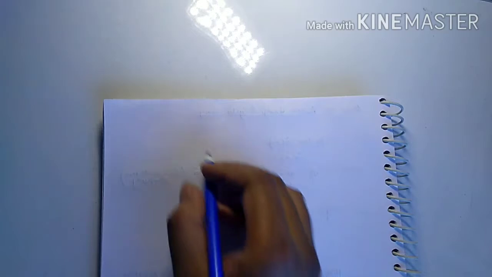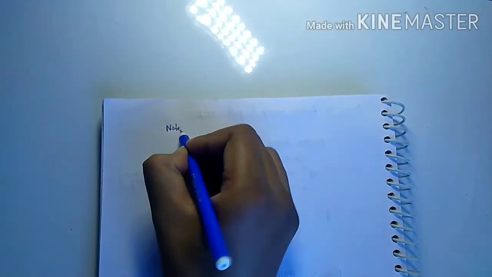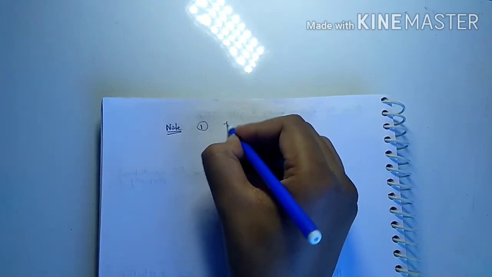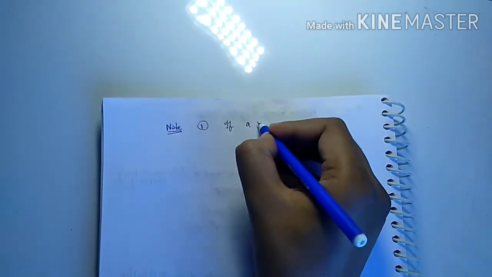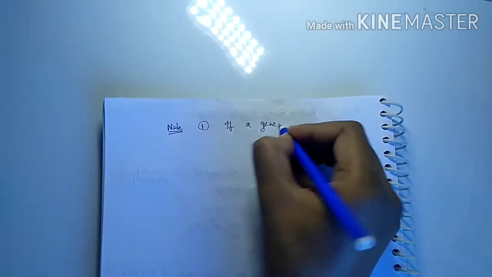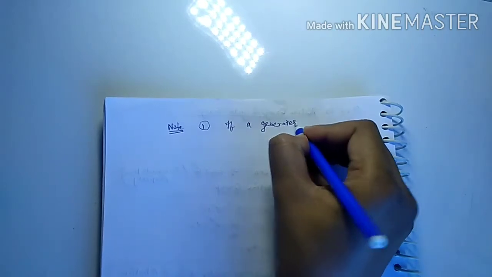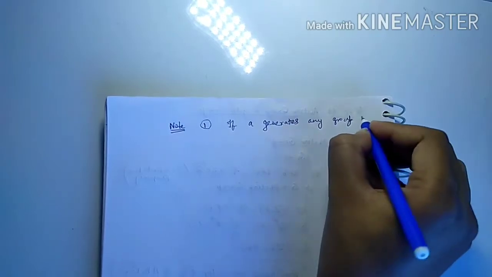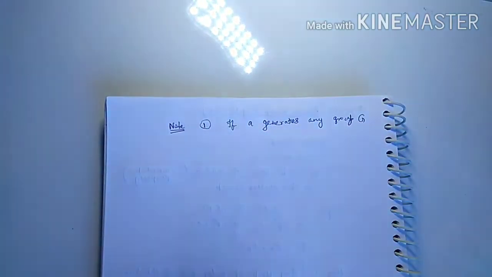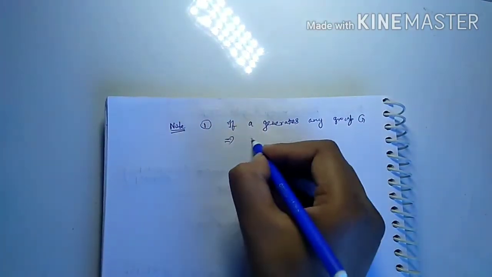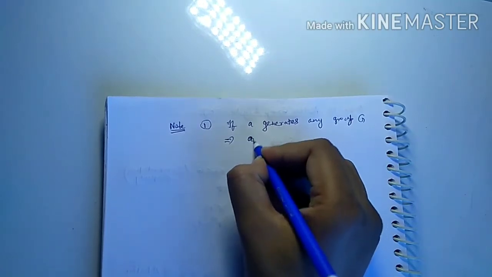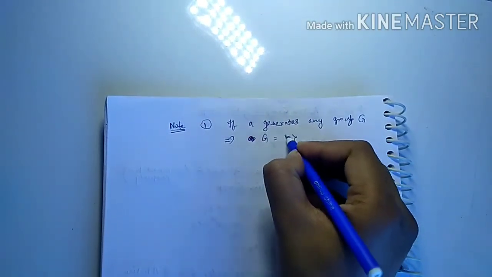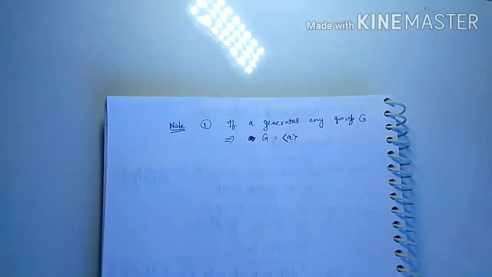Now there is a note here again for the cyclic group, that is, if A generates any group G, then we can write G as A with this symbol.